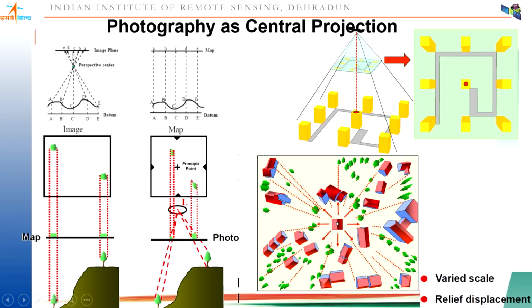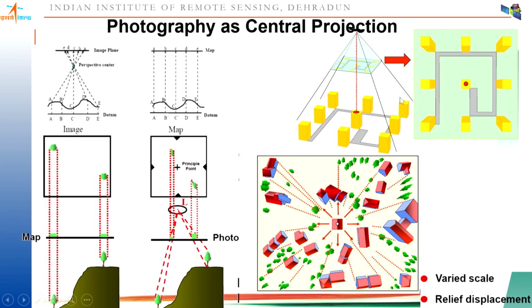This is what is central projection. Because of this central projection, we have varied scale throughout the photograph. In the map the scale is uniform, but in an aerial photograph, because of the central projection, we have varied scale. Also, because of the central projection, we encounter relief displacement in the photographs.